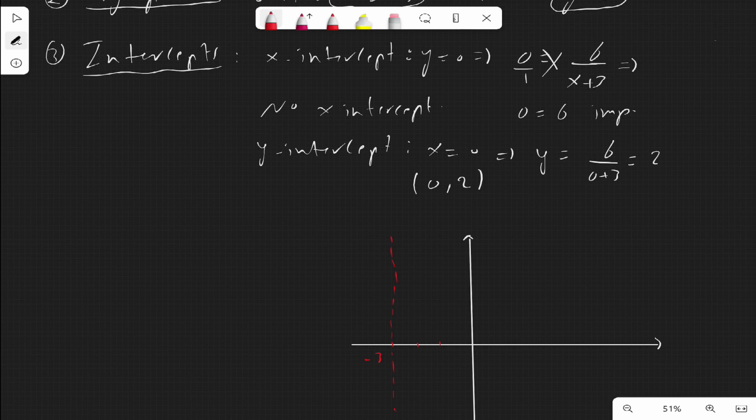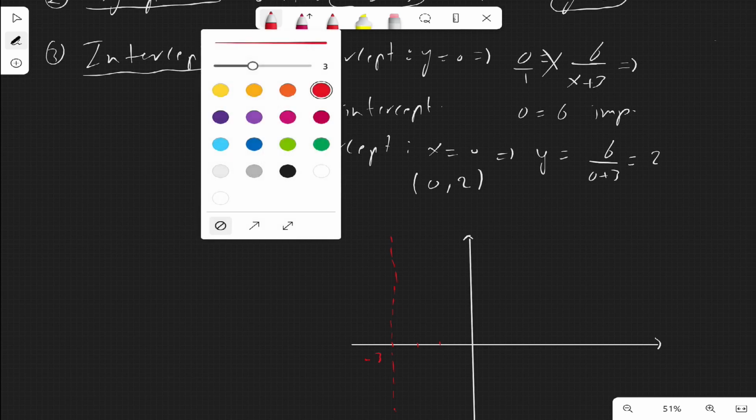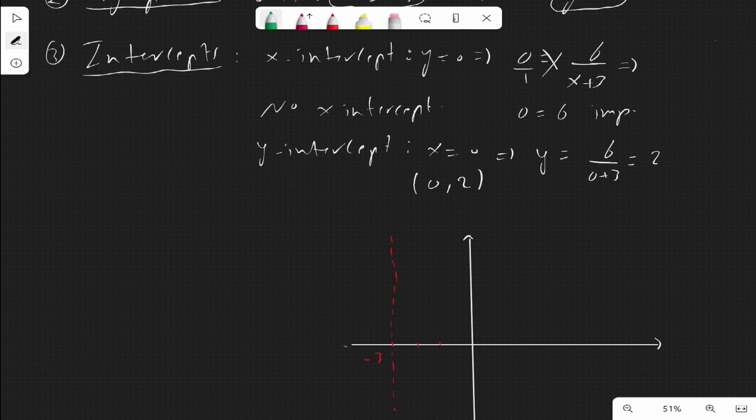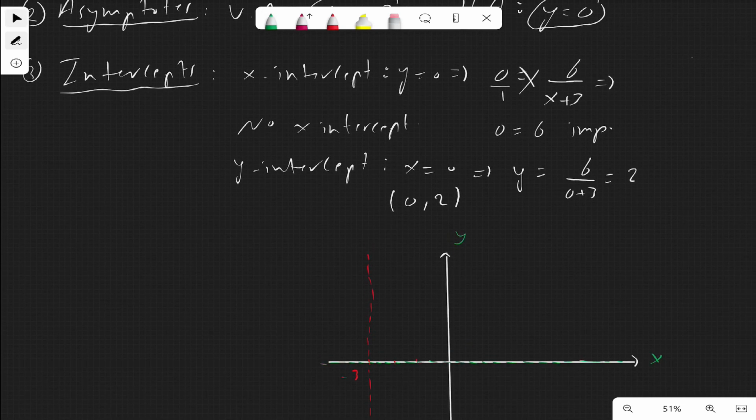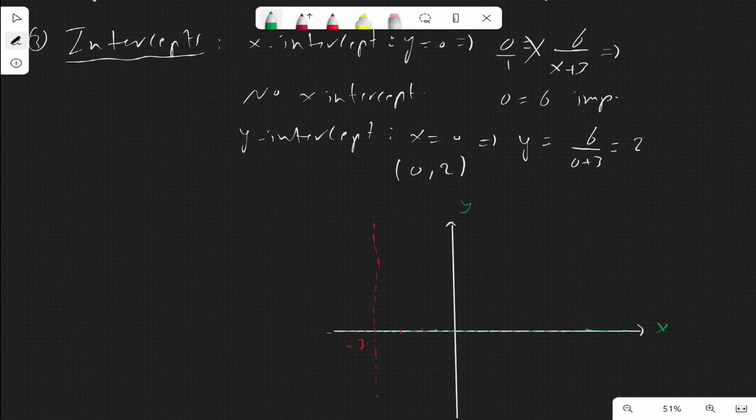And 0, which is the x-axis itself. Intercepts, no x-intercept, the y-intercept is 0, 2. X equals 0 and y equal 2.